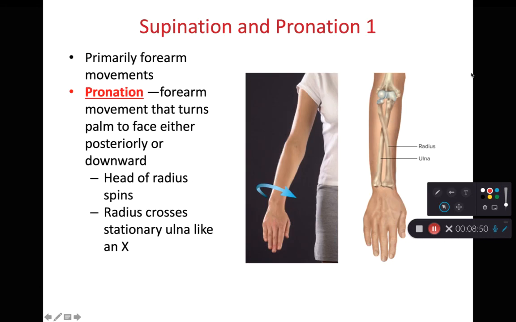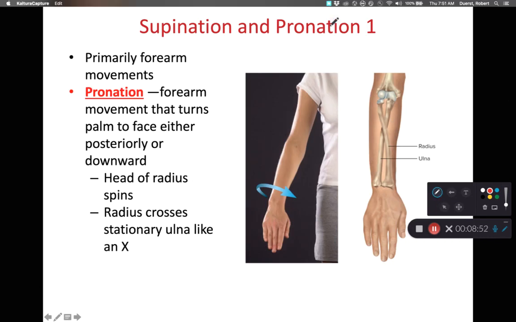We can also have supination and pronation. Supination and pronation are movements typically used to describe the forearm. To pronate the forearm is to turn the palm to face either posteriorly or downward, depending on if you're in anatomical position standing up or lying down.